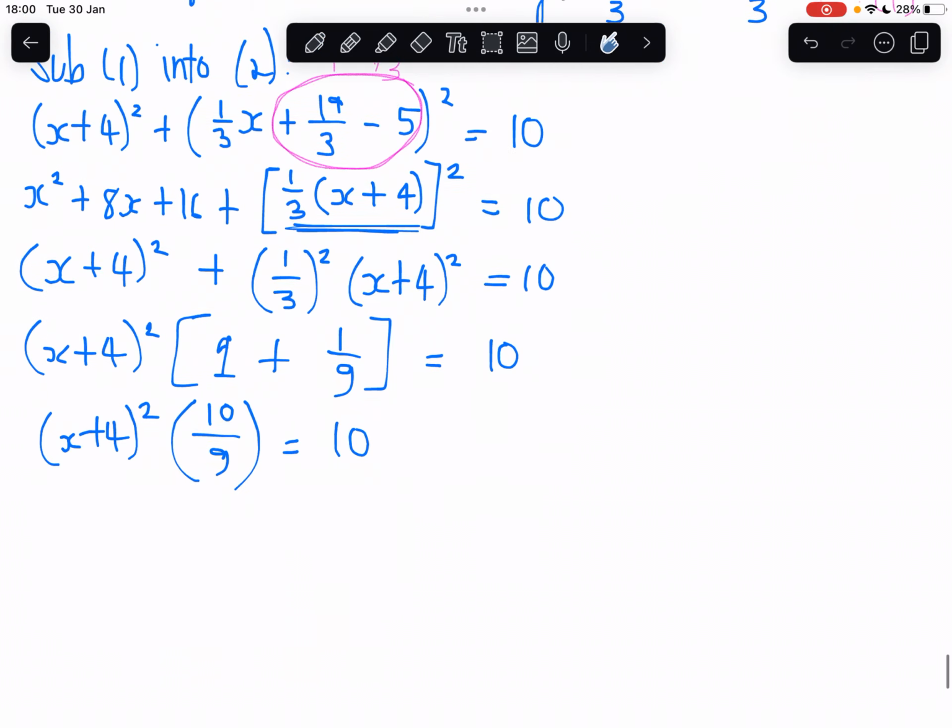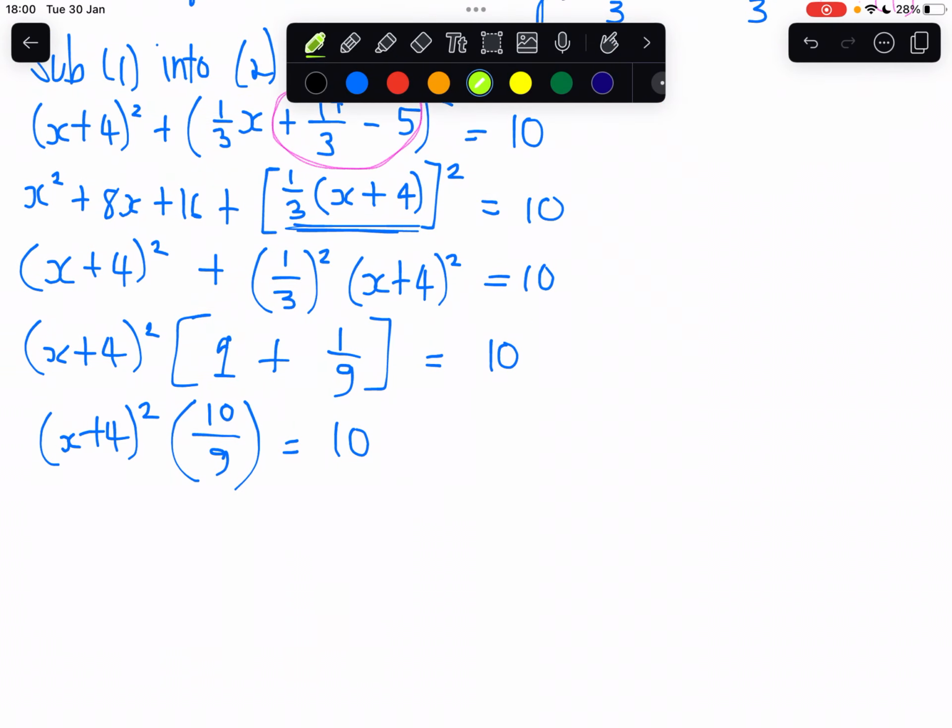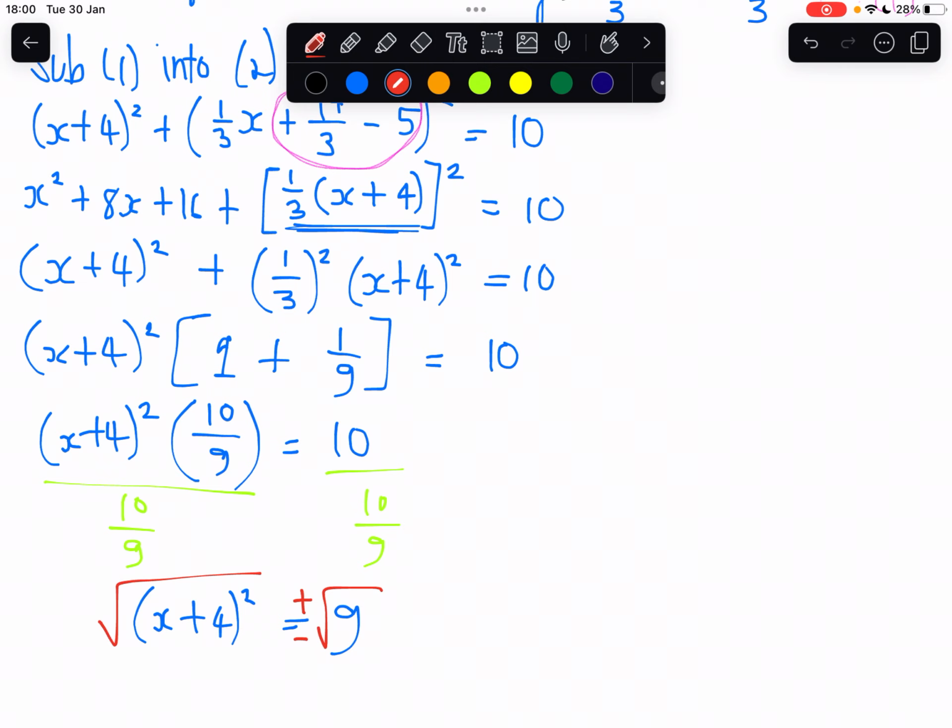If we then divide both sides by 10 over 9, we're then going to get (x + 4) squared, and that's going to be 10 times 9 over 10, so that's just going to be 9. Oh, this is already looking so beautiful. I hate it when something works out so nicely and then it turns out to be wrong. That's so painful. So we can square root this, but remember that we'd have to consider both the positive and the negative square root here.